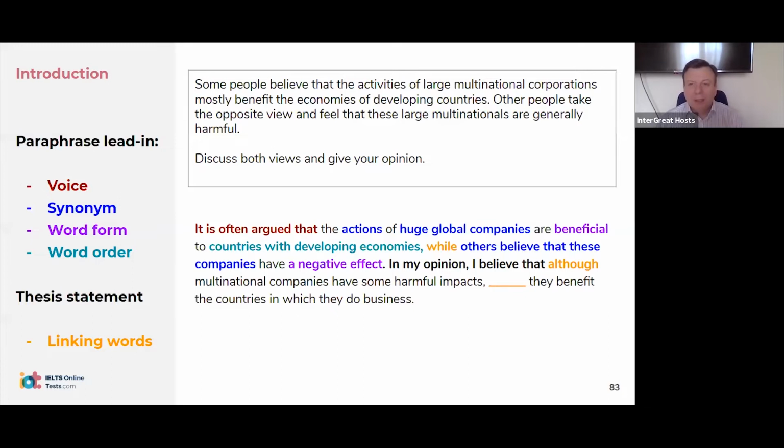I missed your name. All right. Overall, yeah. So in my opinion, I believe that although multinational companies have some harmful impacts, overall they benefit the countries in which they do business. Okay, so there's a few words you could use there. Some of you have given some good vocabulary there. Very good.